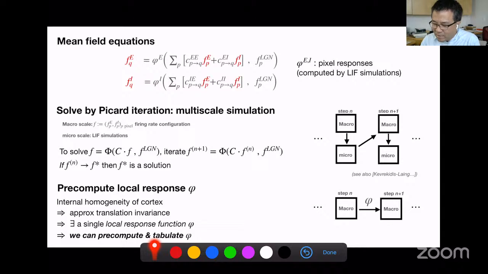And so rather than recomputing at every step, which is much faster than simulating the spiking network, but still kind of expensive, we can pre-compute this response function once and for all, and tabulate and interpolate from this table, and then bypass having to do this microscopic simulation every step of the way, and then go directly from firing rates to firing rates.